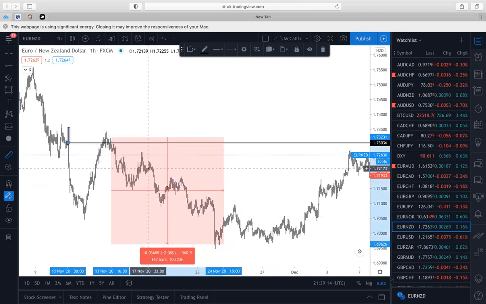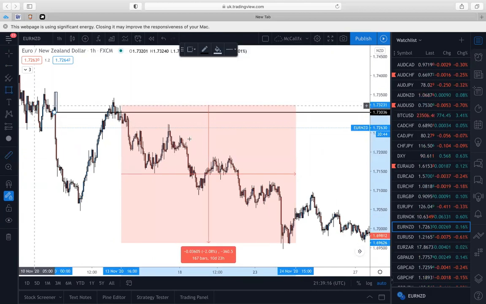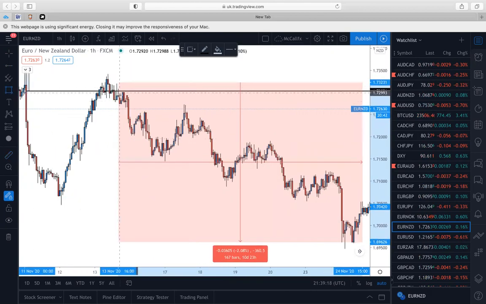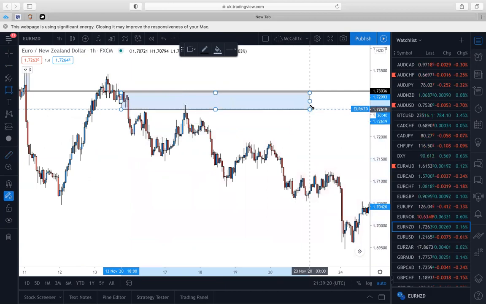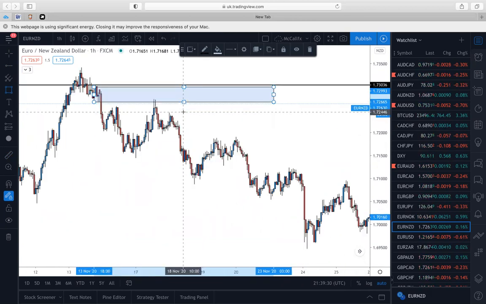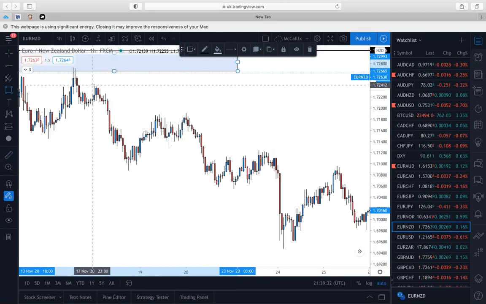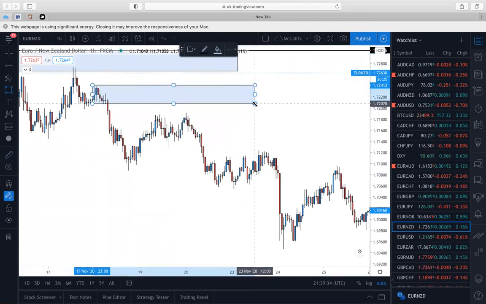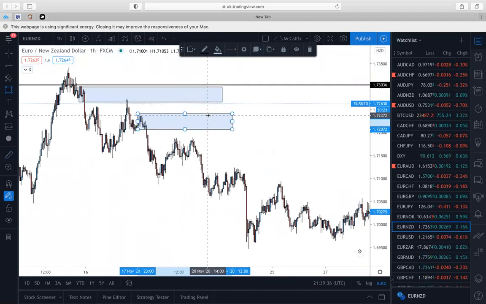And then let's say this was your first entry, right? So I'm trying to find a different entry. My next entry is going to be at this side, this candlestick in the middle, or you can use half of it. Half, as you can see, it's not going to hit. And then the next one is going to be this consolidation before the momentum rally. But as you can see, price didn't hit this level.